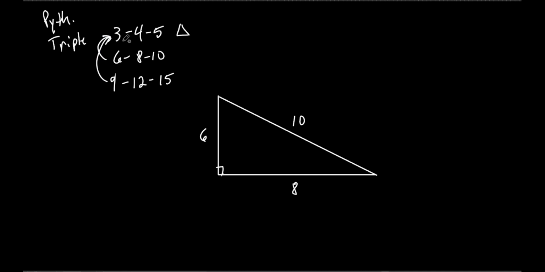Make sense? So if you had something like this, and they asked you to solve for x, you should be able to do it with minimal effort. Do you have to go through that whole Pythagorean theorem to get that? You should not have to, all right? Because you're like, oh, 6 and 10, well, 2 goes into 6 and 2 goes into 10, right? So 2 goes into 6 how many times? 3 times.